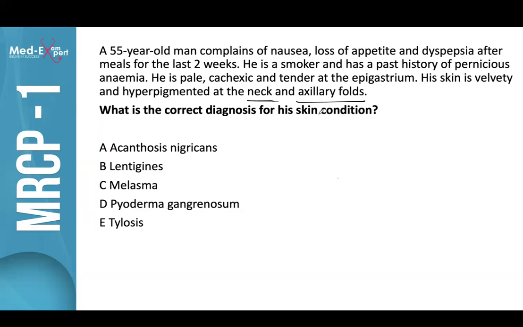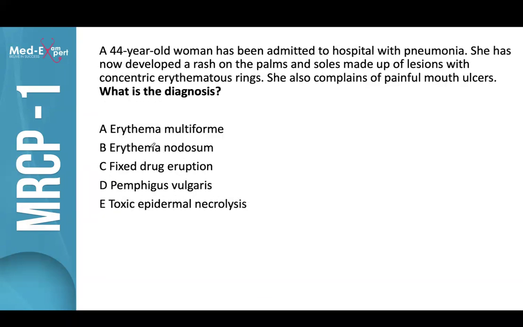Straightforward diagnosis. This is your good old acanthosis nigricans. It is associated with diabetes mellitus, gastric cancer, and Cushing syndrome. So a huge list is there. Nothing you can do. You can try some topical medications, but it's not going to be of any help. You have to treat the underlying condition.